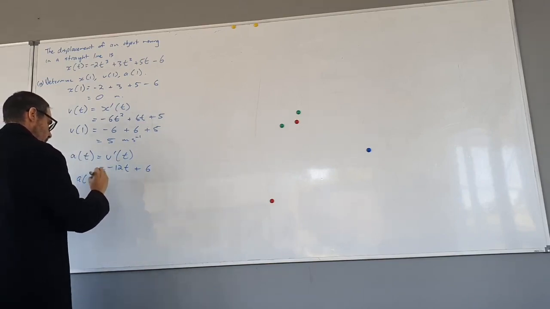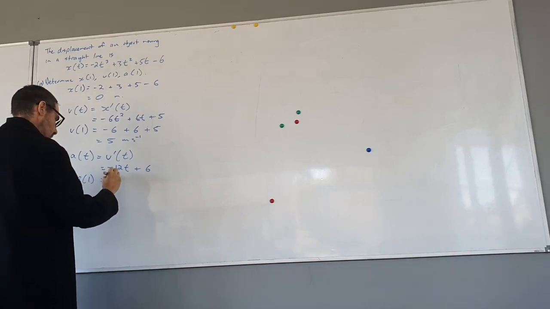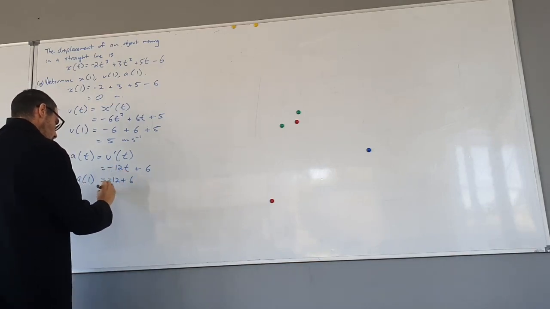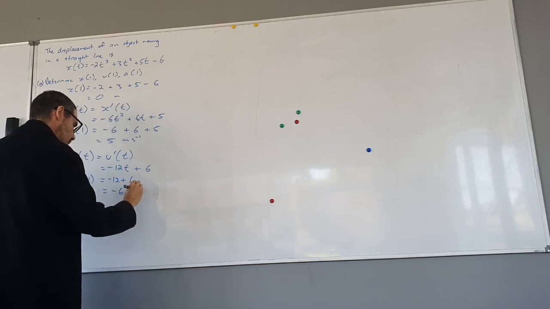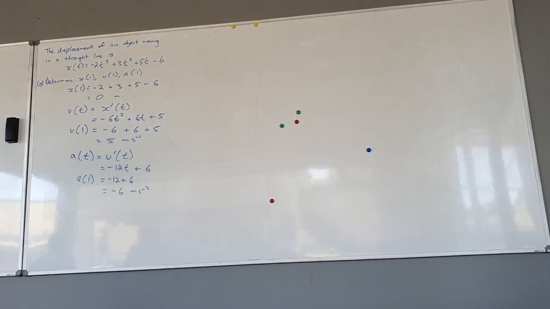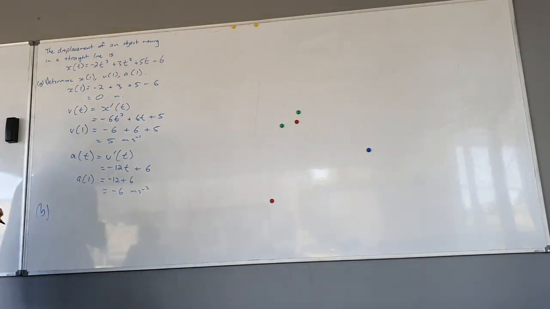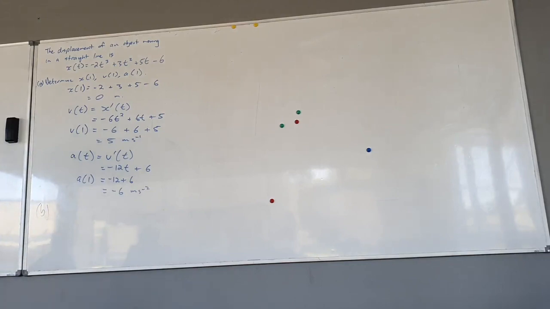A of 1 is negative 12 plus 6, which is negative 6 metres per second squared. Am I right? Beautiful. Question answered.